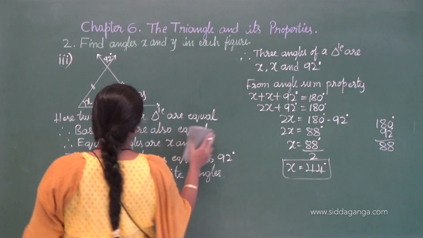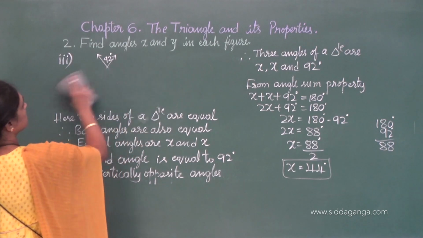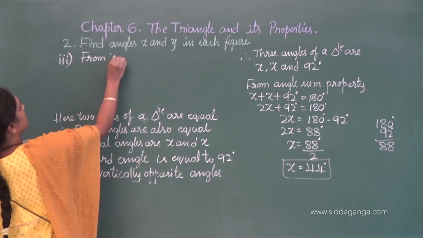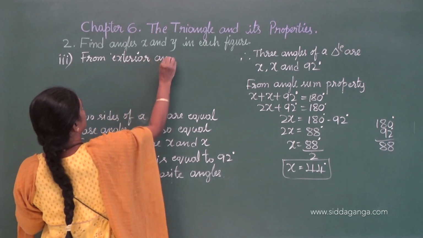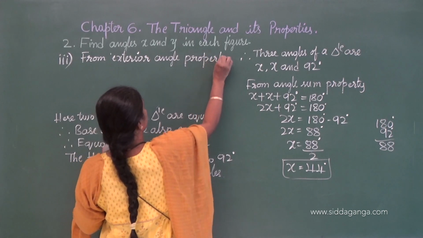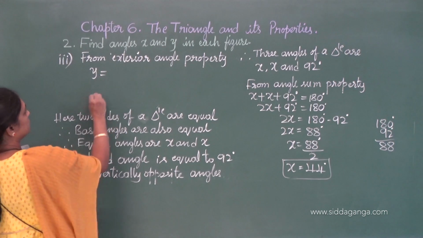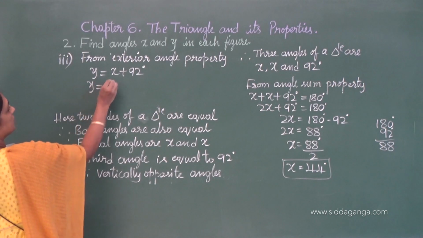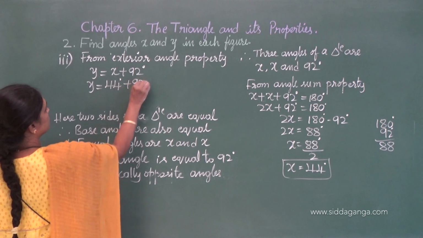So from exterior angle property, angle y is equal to x plus 92 degree. y is equal to, the value of x is 44 degree plus 92 degree.